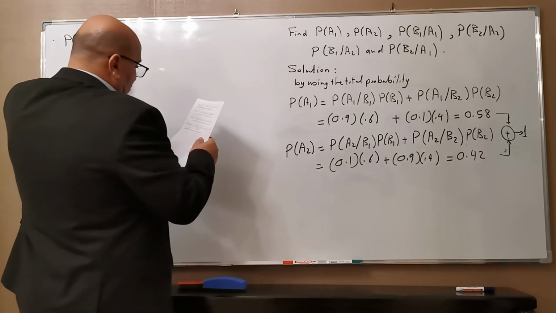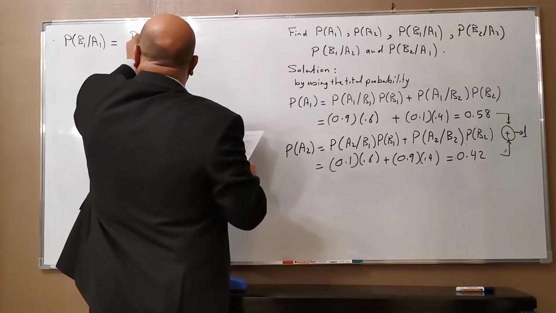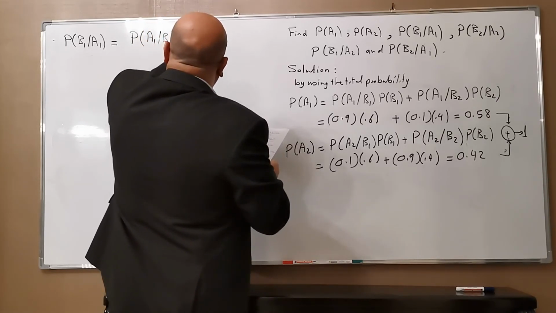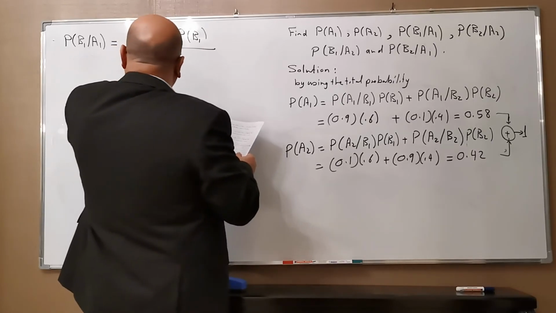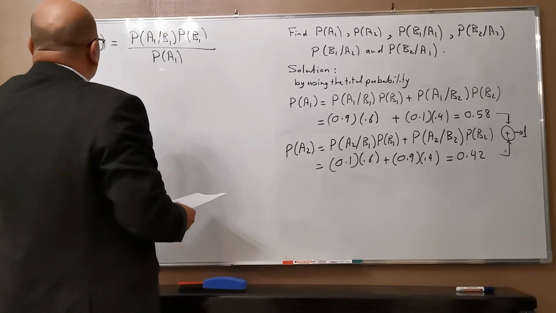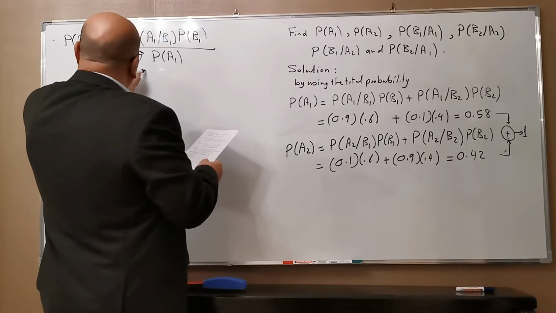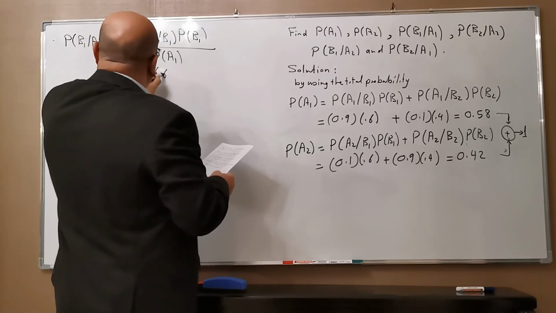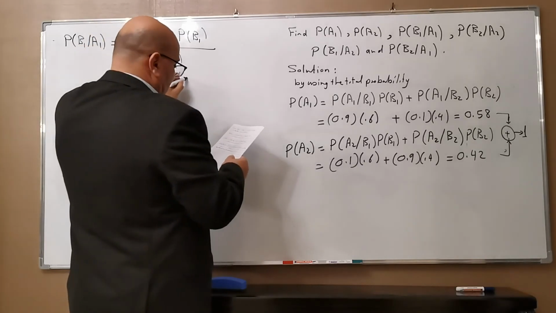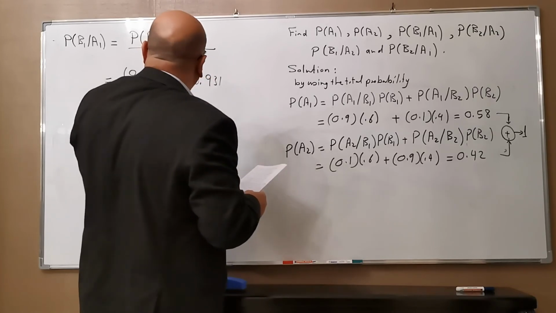This is equal to the probability of A1 given B1 times the probability of B1, divided by the total probability of A1, which is already found here. So this is equal to 0.9 times 0.6 divided by 0.58, which is approximately equal to 0.931. Okay?